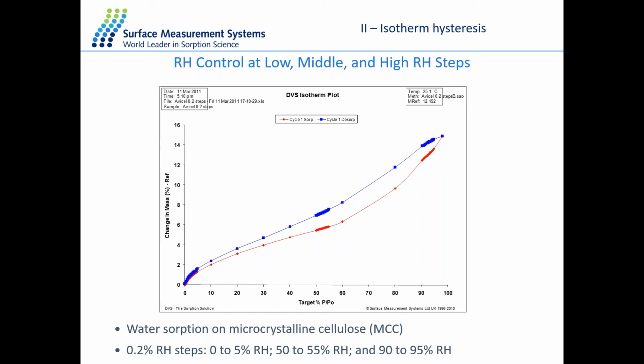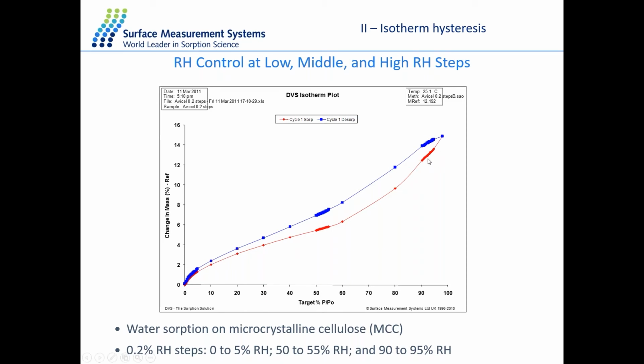So the first section that we're going to look at here is the fact that we have a cycle of absorption and desorption. We have a nice gap of hysteresis in between, so we have bulk absorption. The other factor that is highlighted in this specific plot is basically the fact that we can get as much data as possible if we want to focus specifically on critical conditions of the sample.